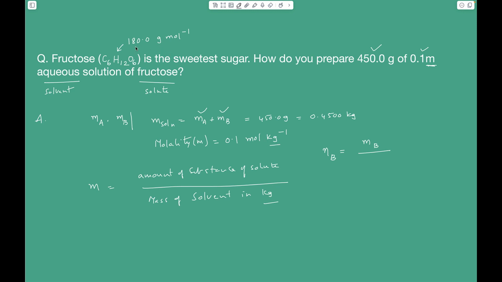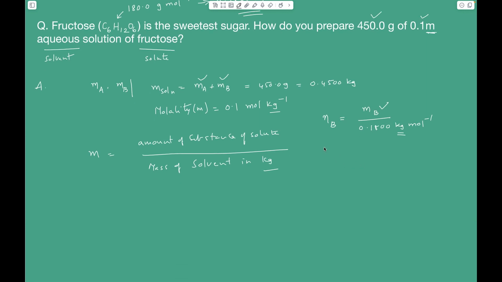Can we do that? We have to divide this with 1000, right? So it would be 0.1800 kilogram per mole. That is the molar mass of fructose. So NB is equal to MB over 0.1800 kilogram per mole. Now if this is in kilograms, understand that you will get the value of MB also in kilograms.